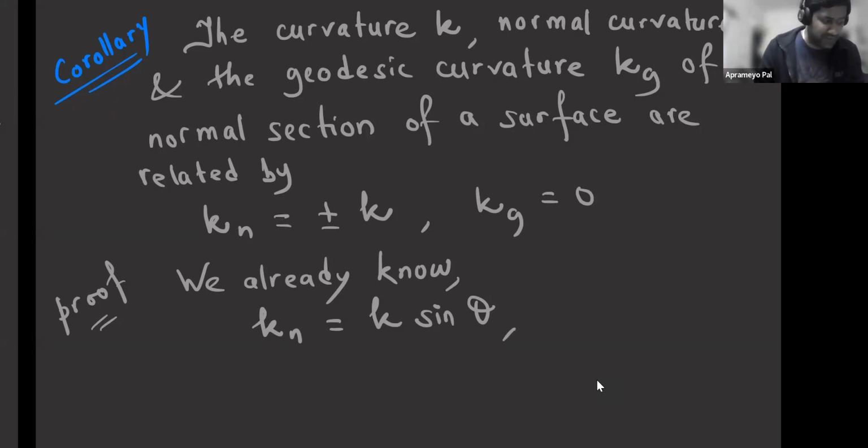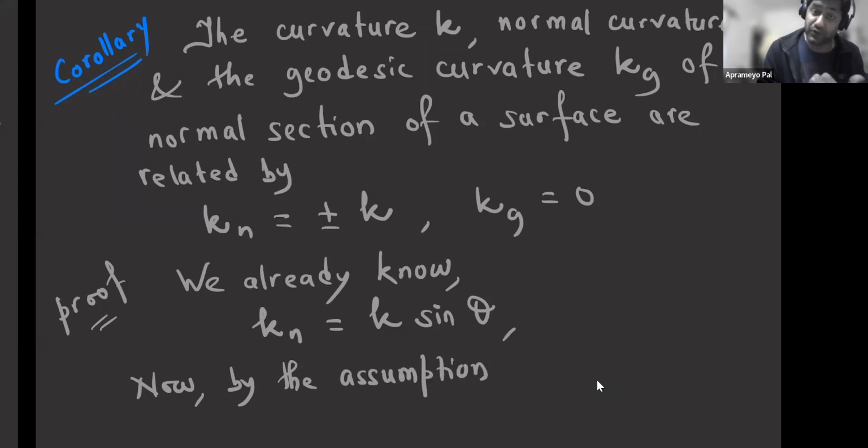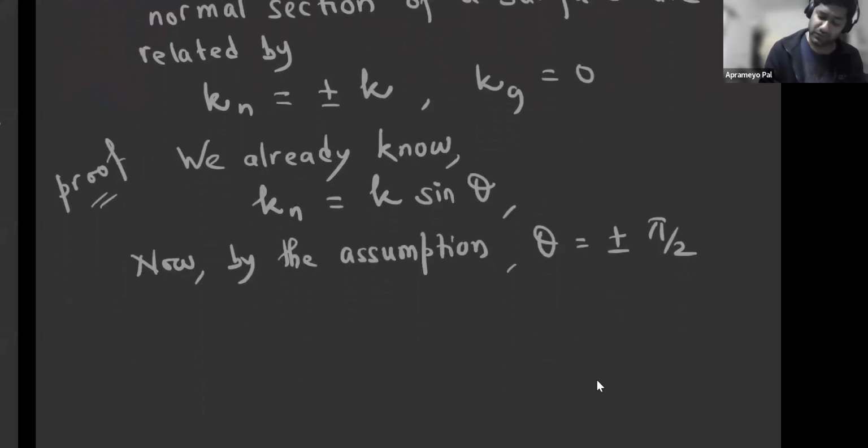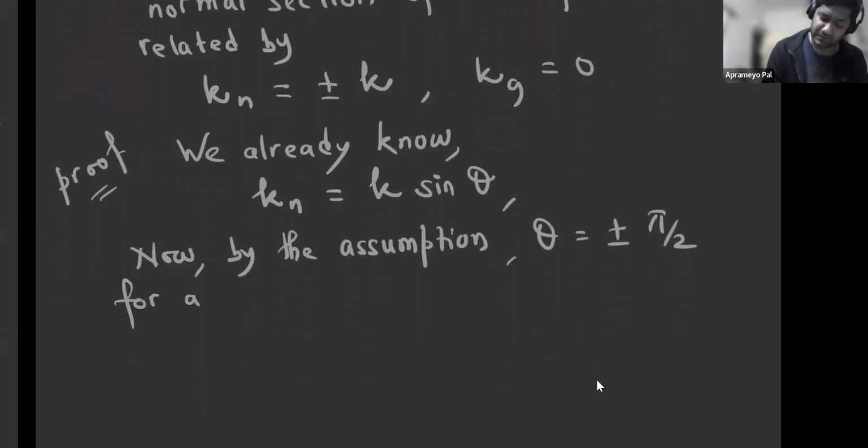Now that's exactly what I was saying intuitively in the geometrical sense. So this theta now, by the assumption of the normal section, is nothing but plus minus 90 degrees. So for a normal section.